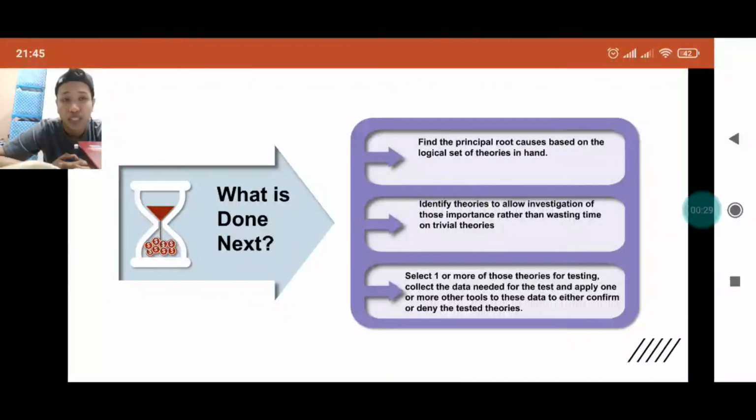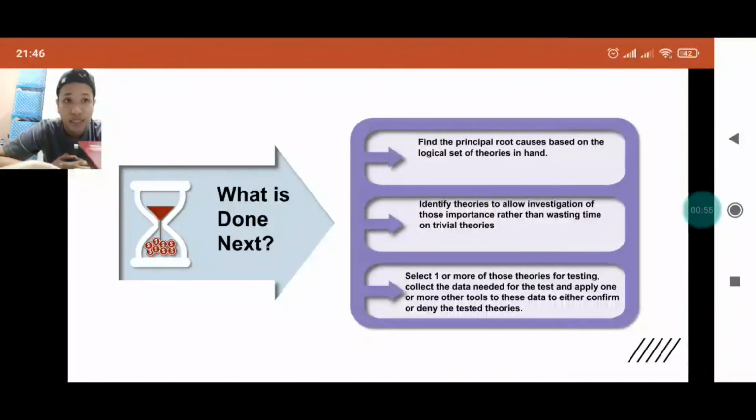Okay, so in this step you need to be careful. You and your team need to discuss and analyze the data or the theories thoroughly, so that you can avoid making mistakes in prioritizing your theories. Last but not least, you select one or more of these theories for testing.